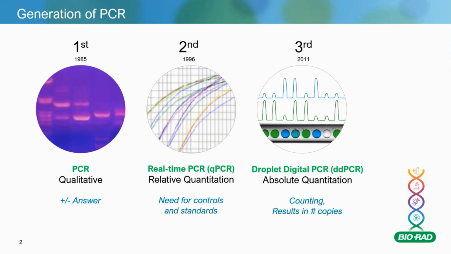But it is similar to real-time in the fact that fluorescent dyes are used to monitor them. So that's why we say it's kind of a combination of both. But the big differentiating factor is that they use partitioning as a means of dividing the sample into droplets, and in so doing, it allows a counting or quantification method, and that's where the digital part of digital PCR comes in.